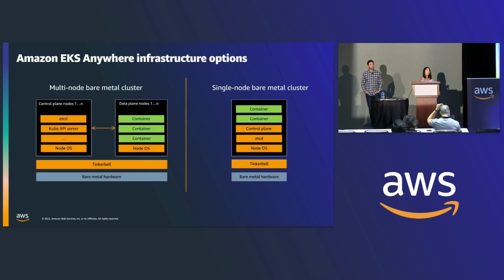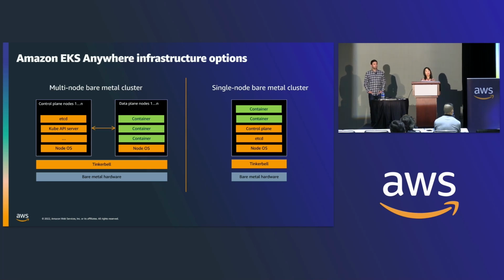So since the beginning, most of our capability focused on multi-node cluster deployment, but we have heard a lot from customers, especially from the telecommunications space, that they need to be able to deploy a small footprint cluster, especially in some of the remote cell sites.